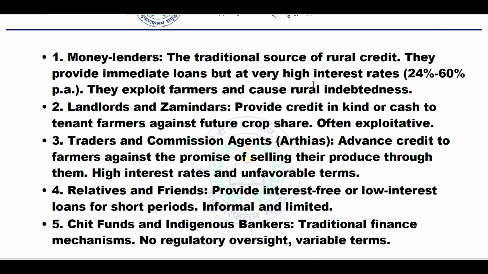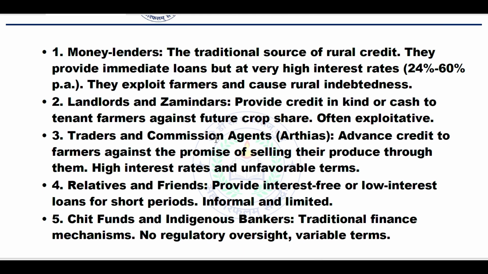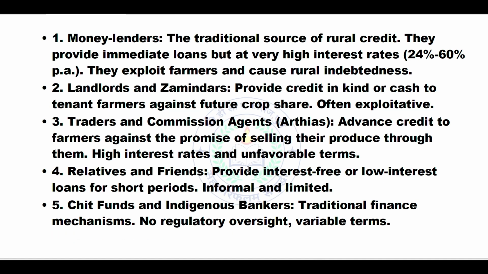Number two, landlords and zamindars provide credit in kind or cash to tenant farmers against a future crop share, often exploitative. Three, traders and commission agents. They advance credit to farmers against the promise of selling their produce through them, with high interest rates and unfavorable terms.